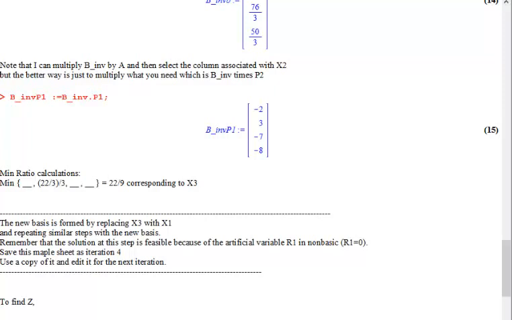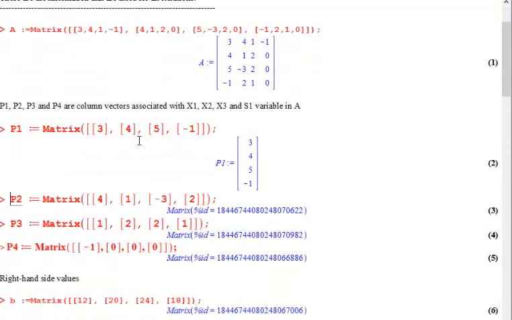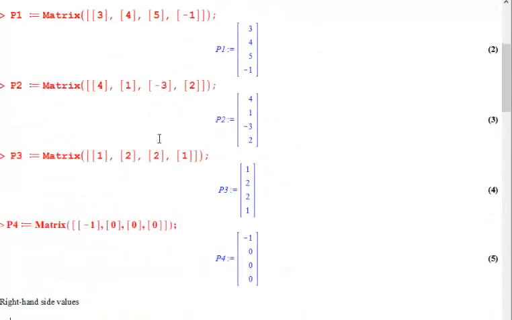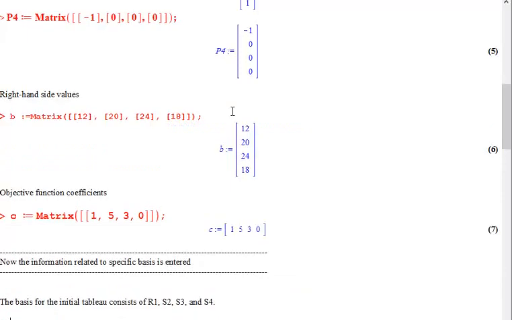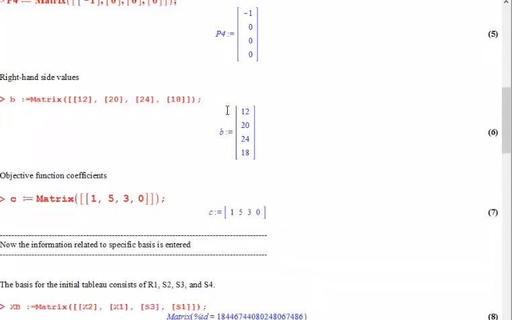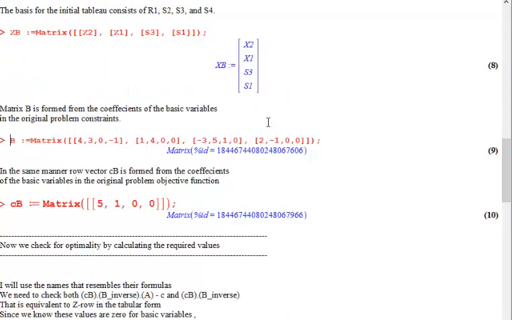For our iteration, we will be using the same sheet. Okay, here we go, and this is the new sheet, and again the same type of needed calculations. It's just a simple matter of pressing the enter key and it will do the calculation for these stages until we get to XB, and in this case I have to change that.